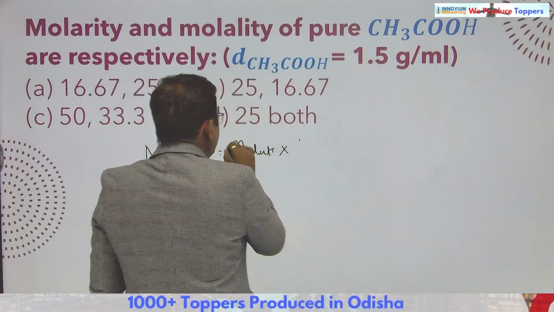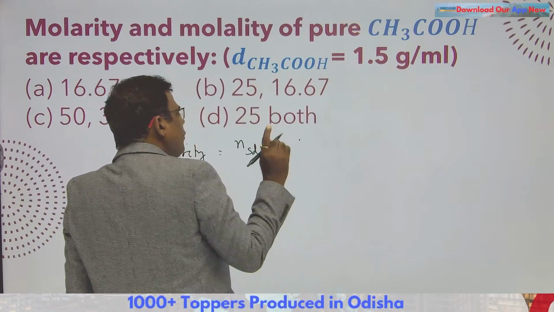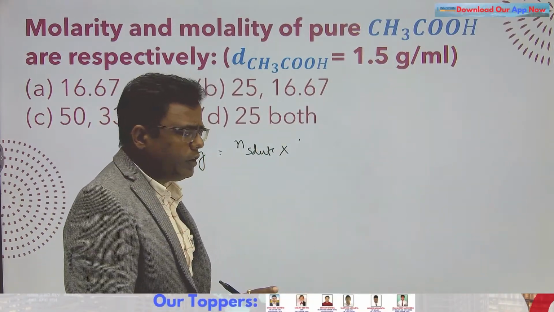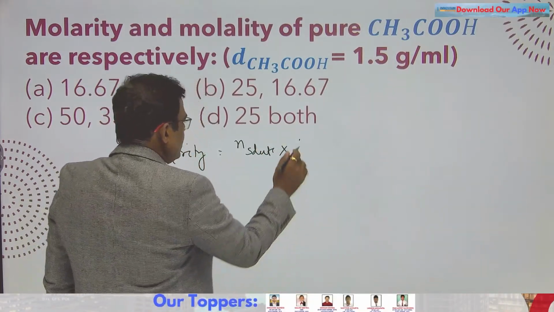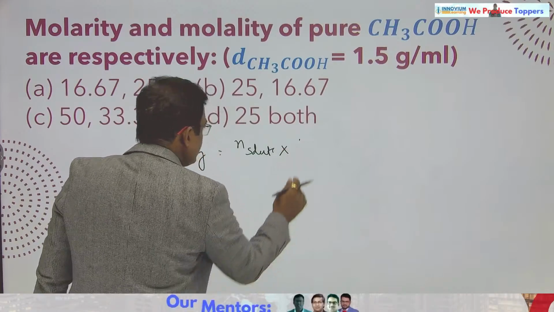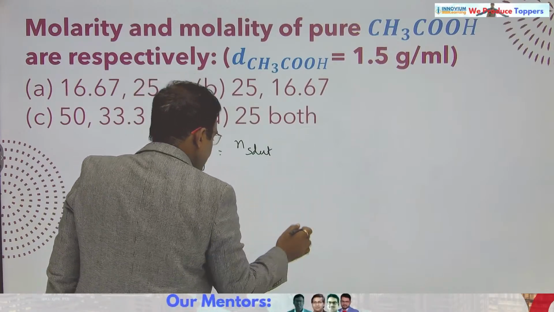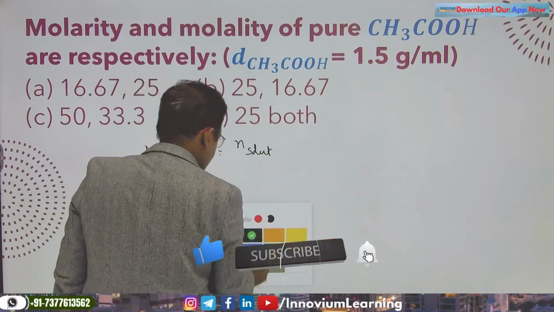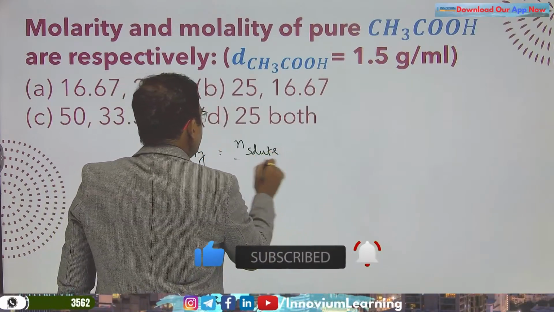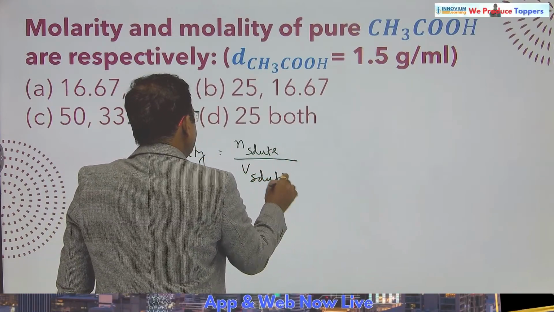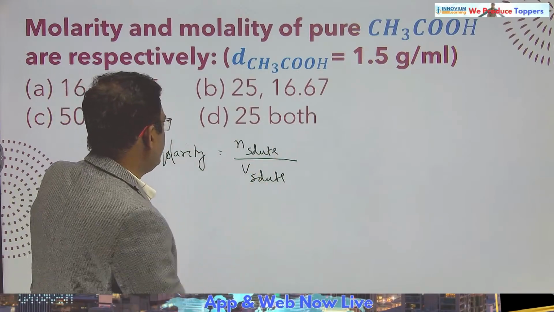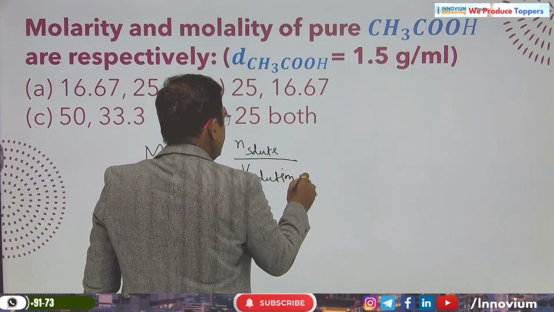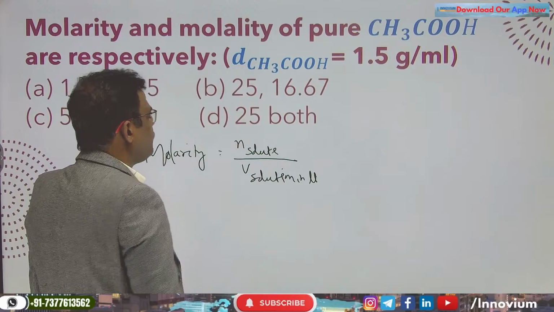So you see, this is the number of moles of solute. If the volume of solution is given in liter, then this is the expression for molarity.